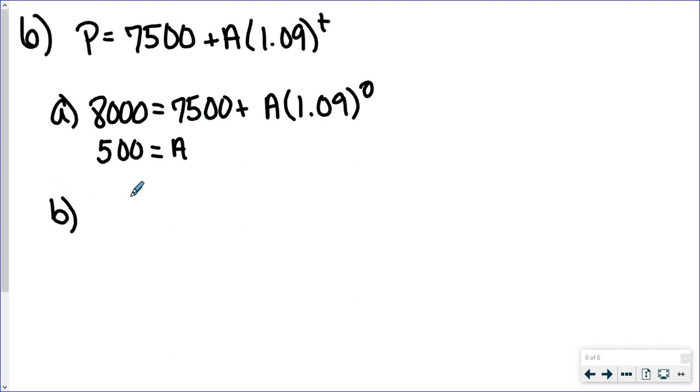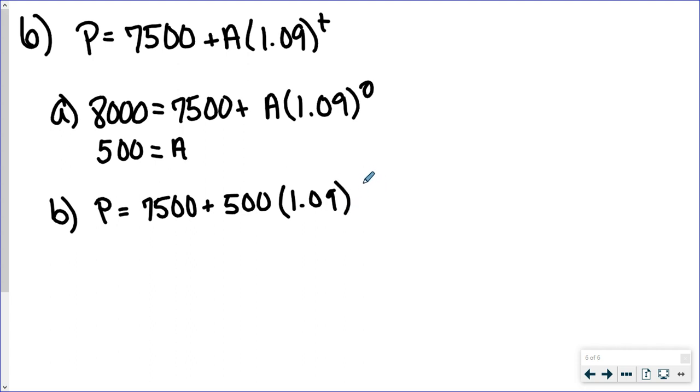Part B. Find the population of otters in Scotland at the start of the year 2020. So now I know P is equal to 7,500 plus my A, which we now know is 500, times 1.09 to the T power, which is the number of years after 2000. So 2020 is T equals 20.